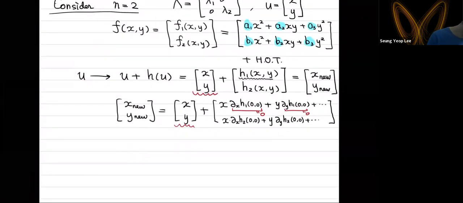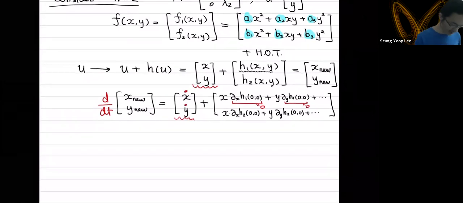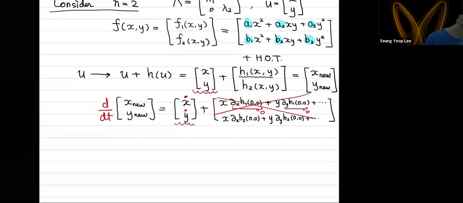Okay, so what we want to do is take the time derivative of this one, which means taking the time derivative of the right hand side. Let me rewrite this part.